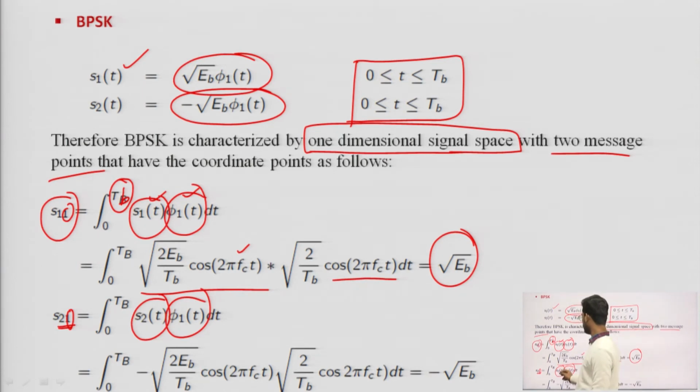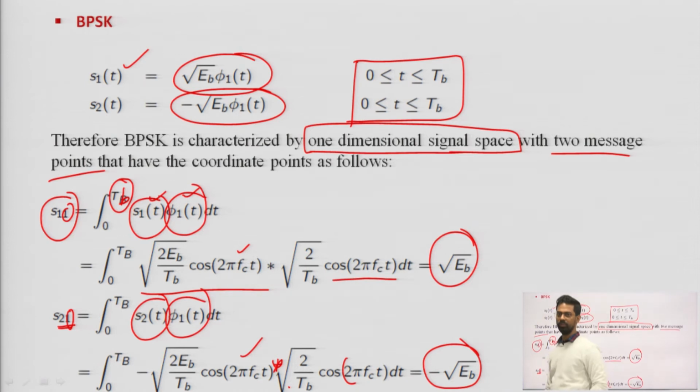So s2(t) is minus root 2 Eb by Tb cos 2 pi fc t, multiplied by phi 1(t), root 2 by Tb cos 2 pi fc t, dt. So it would be minus root Eb. We have calculated this in the previous lectures also.